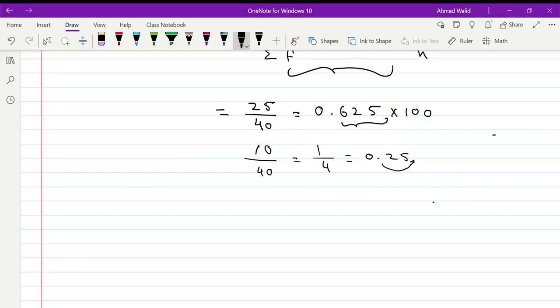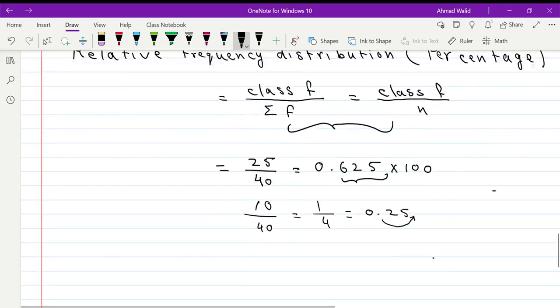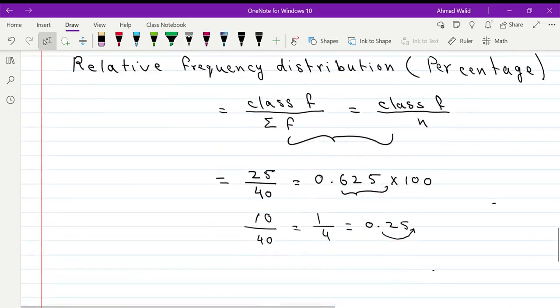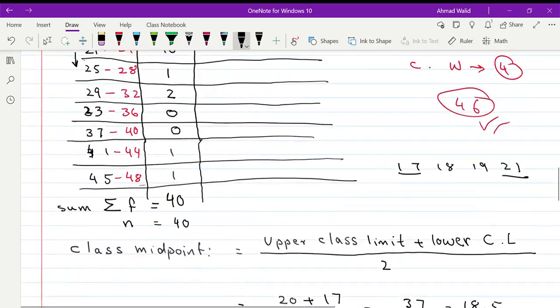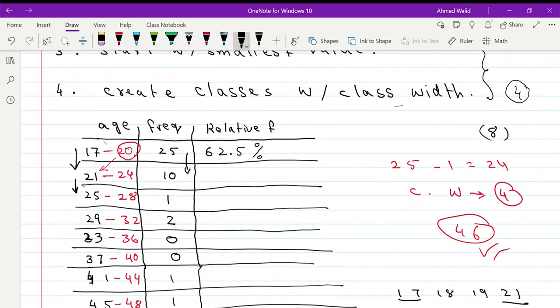Moving the decimal here, it gives you 25%, if you multiply it by 100, moving two decimal places. It means 25.00% of my students are at age 21 to 24 years old.